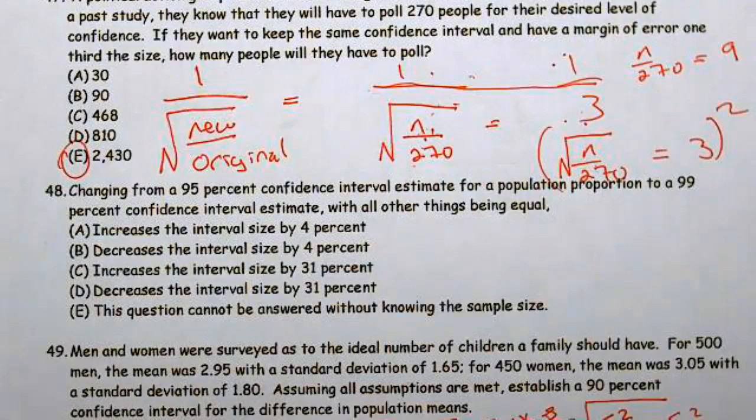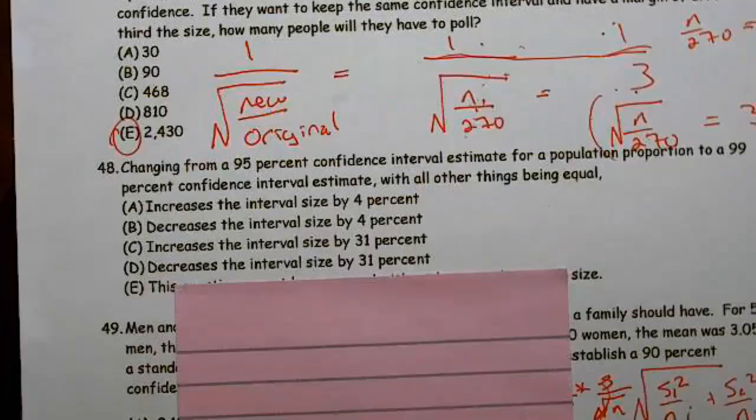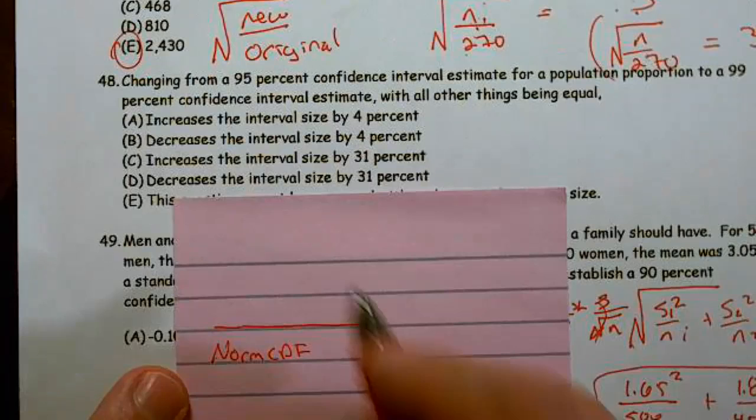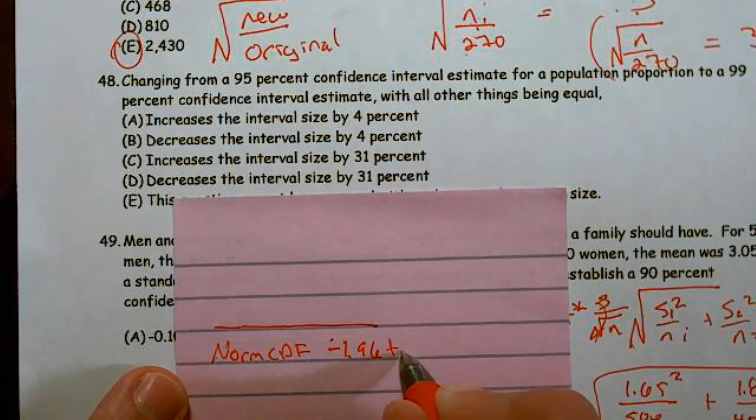All right. So in my denominator of what I'm going to do, I'm going to want a norm CDF for the 95%, which is going to be from a negative 1.96 to a positive 1.96.